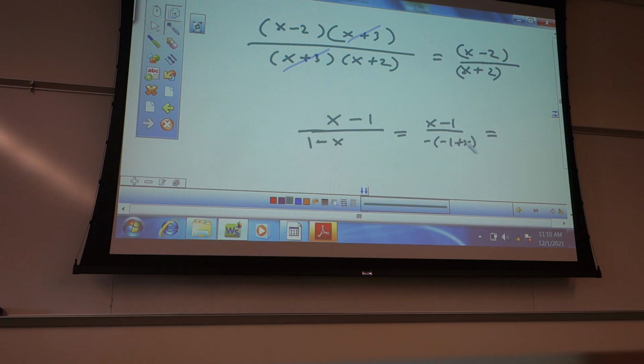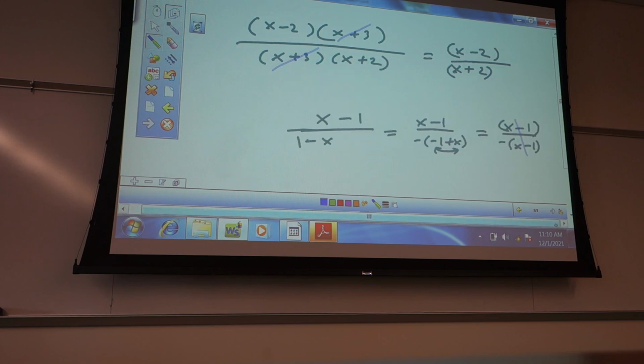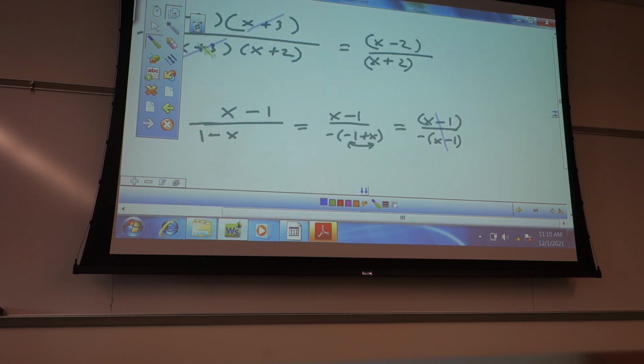And remember, when these are inside the parentheses, since it's being added, I can just switch these around, and I'll get x minus 1. So then those would cancel out. One thing to note there is that the top is 1, the bottom is negative 1, so it just becomes negative 1.